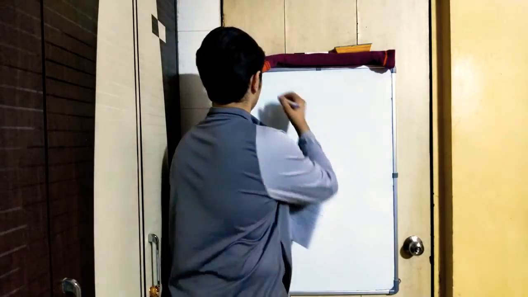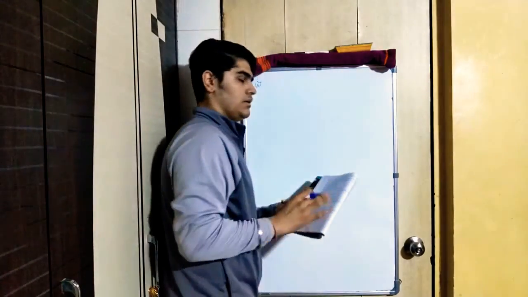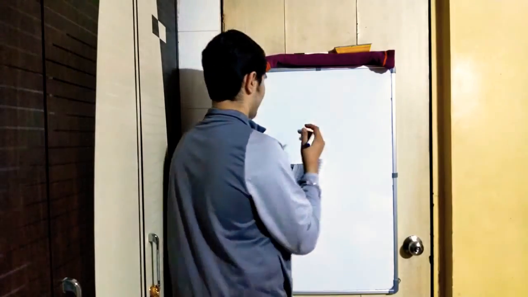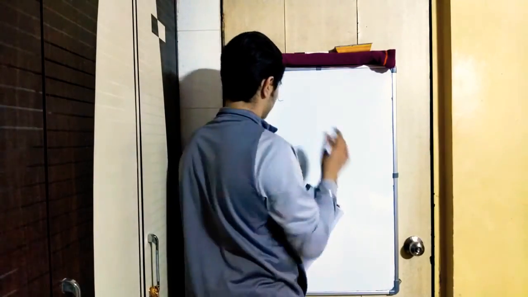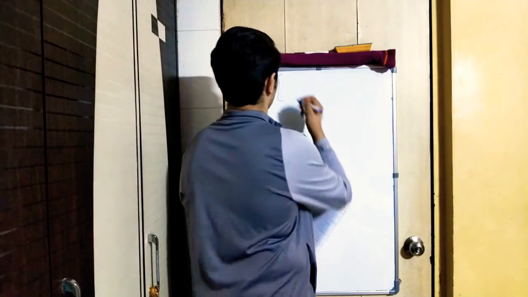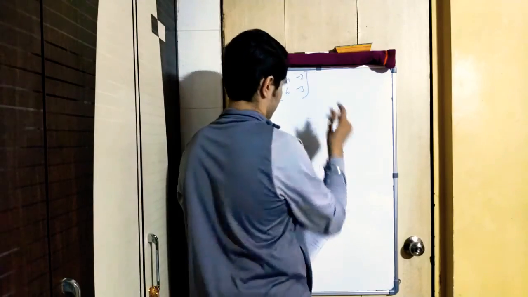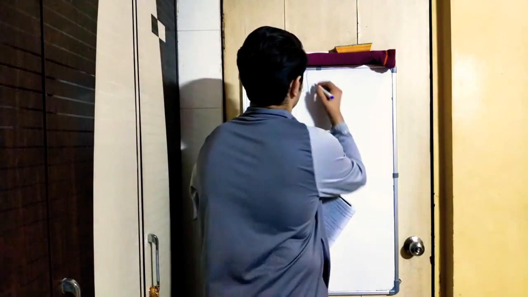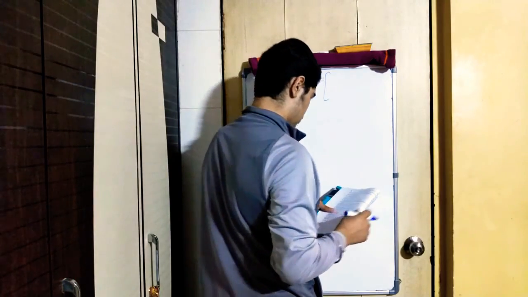So we move on to the last sum for our day. Then we'll stop. Then our matrix chapter gets over. A is equal to [4, -2; 6, -3]. B is equal to [0, 2; 1, -1].